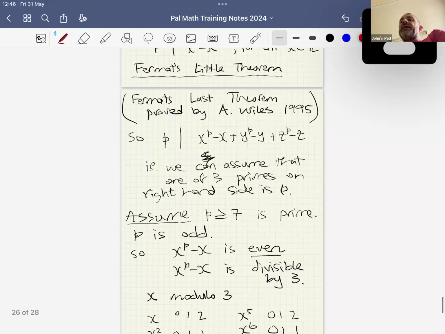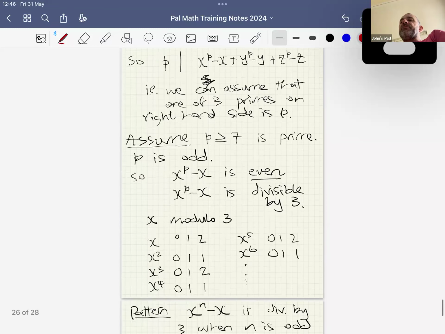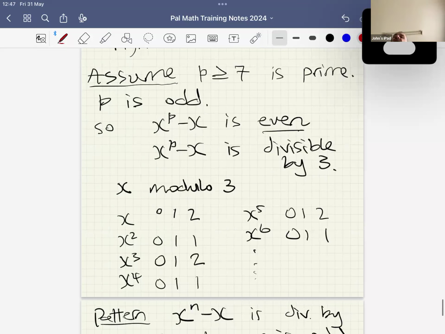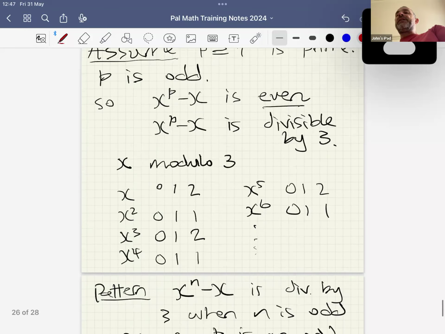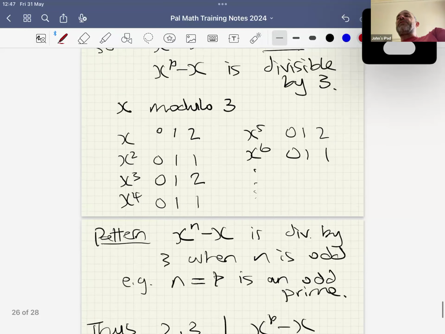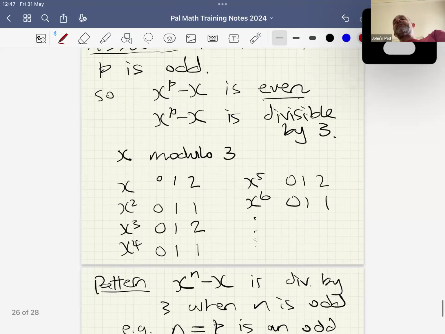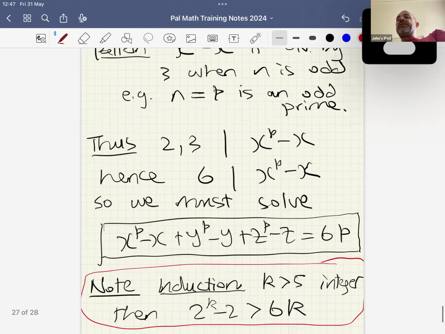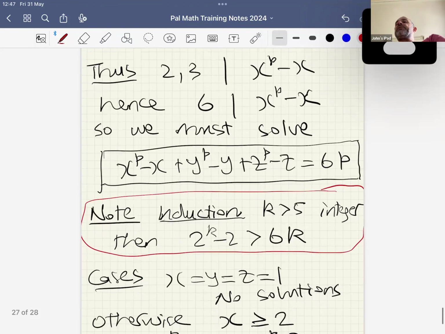And you do that by noting that for p an odd prime, each of the terms x to the p minus x is divisible by 6, and therefore the sum of the 3 terms, x to the p minus x, y to the p minus y, and so on, is 6p. And then you show that that's impossible for p greater than 5.